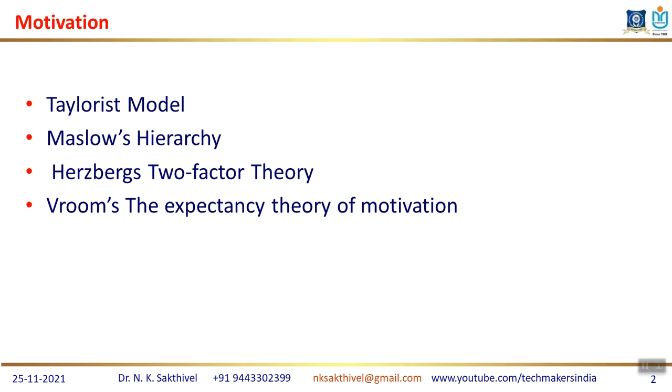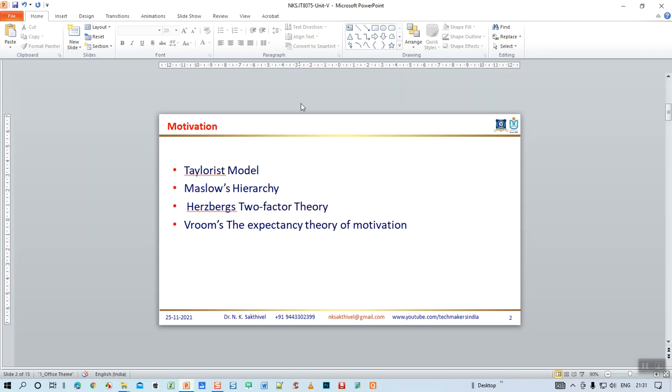All are focusing on different things, but one thing is very clear: employees need to be encouraged so that they perform in a better manner, which will give very good profit to the industry. So this is one of the topics which comes under motivation.